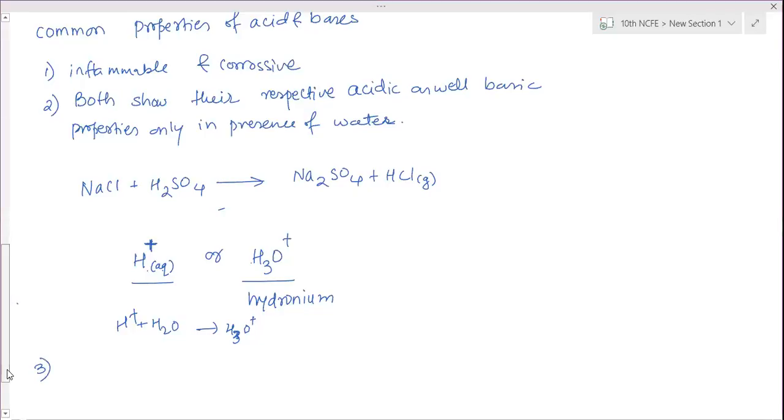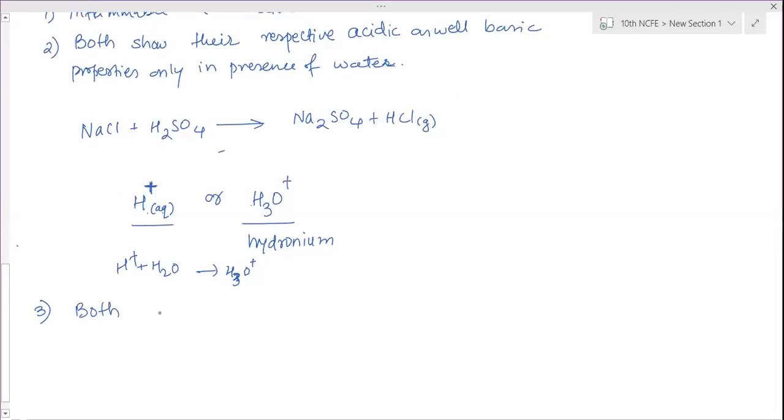Then the third one: both are good conductors of current. Why do they conduct current? Because they dissociate to form free ions.